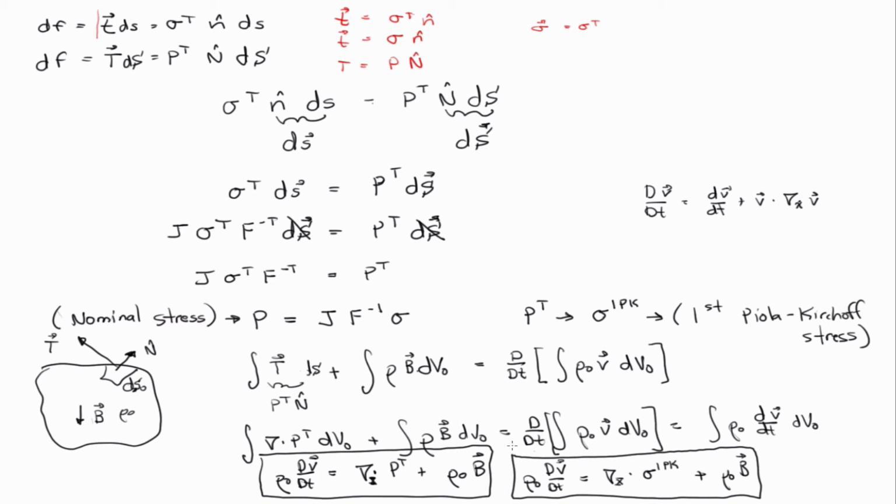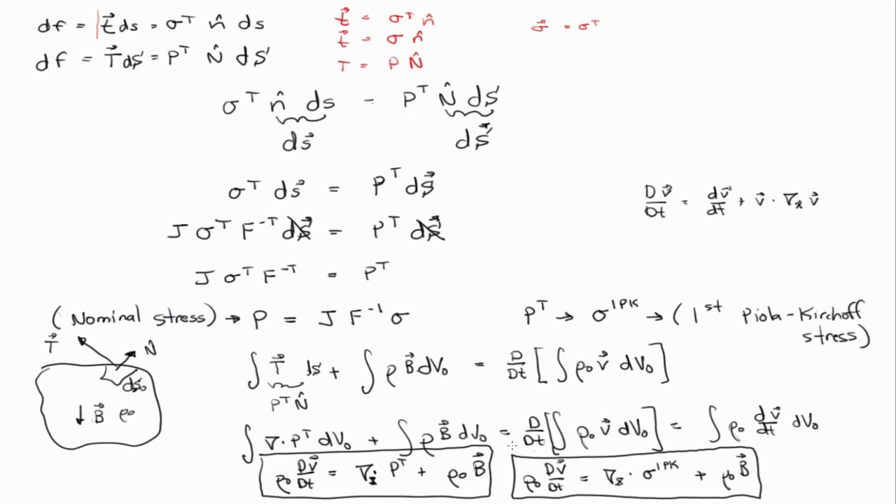And because we have this relationship, we could solve this equation for the Cauchy stress. If I know the deformation F, they're all related through F. This is F inverse transpose, this is the determinant of F. So it's the Cauchy stress times some function of F; it's the first Piola-Kirchhoff stress.